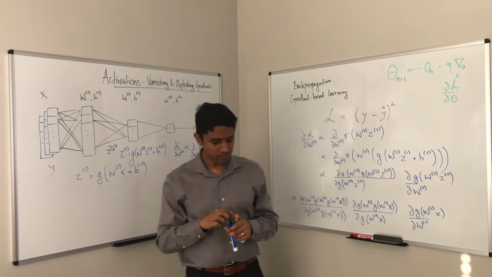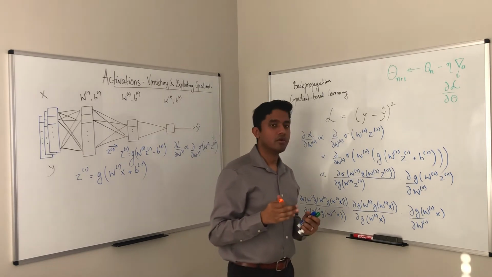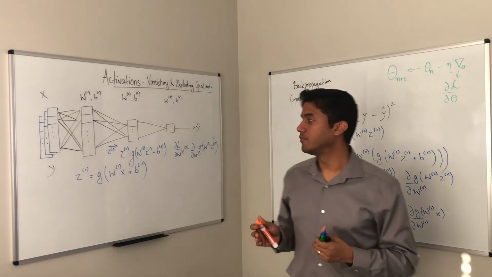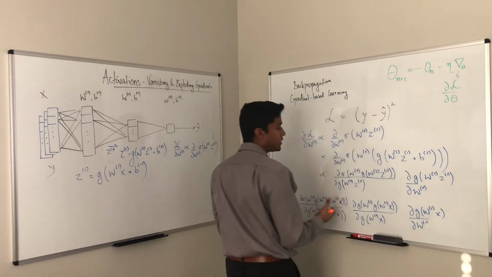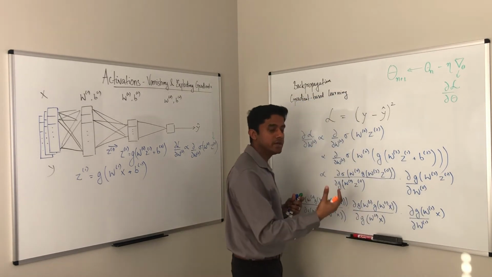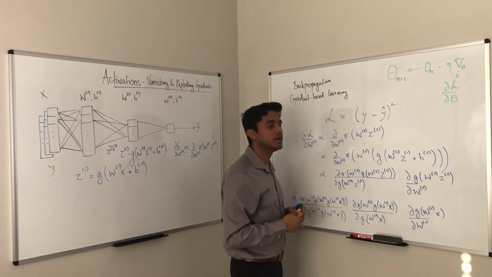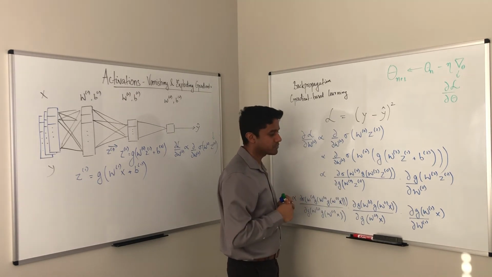So what we are learning here is, for every layer we are going to add to our network, our gradient terms will become bigger. For every layer we will have an additional term in this gradient.